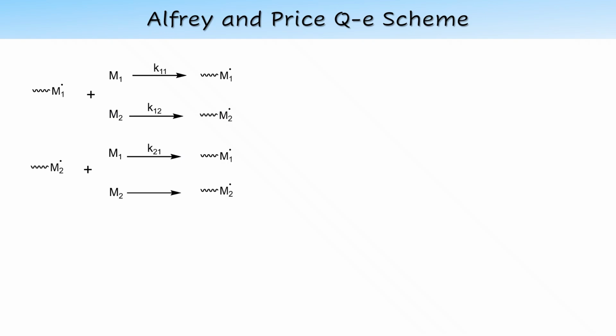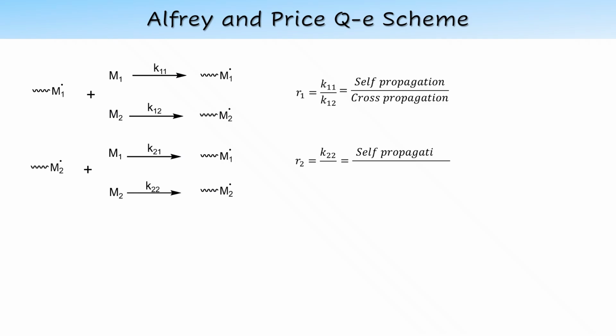Reactivity ratios are then defined in terms of ratio of rate constants. R1 is K11 over K12, that means M1 radical prefers its own monomer M1, and R2 is K22 over K21, that means the M2 radical prefers its own monomer M2.